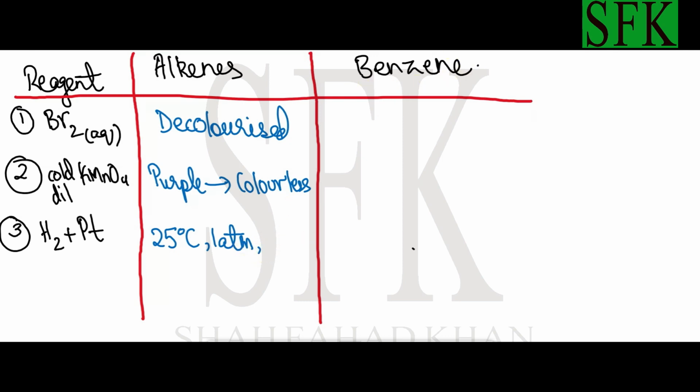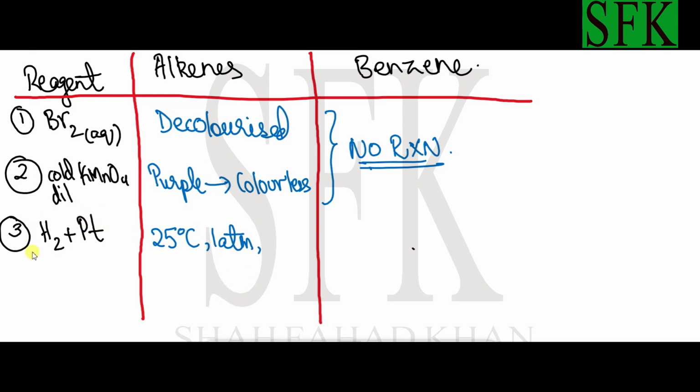With benzene, something very interesting happens. When we test benzene with the bromine water test or the cold KMnO4, in both cases no reaction occurs with benzene. Benzene gives no reaction at all. Although according to Kekule's structure it is unsaturated, it should give positive tests for both these reagents, but it does not.